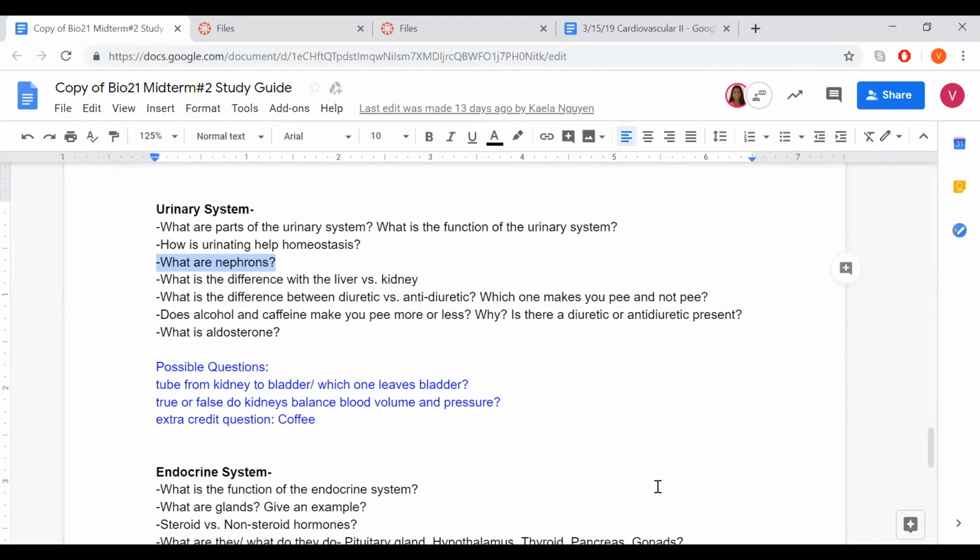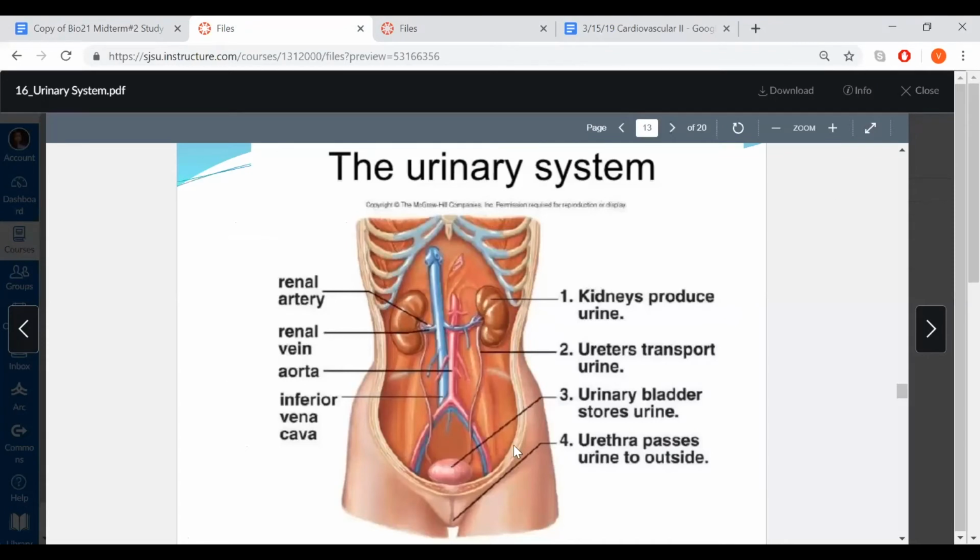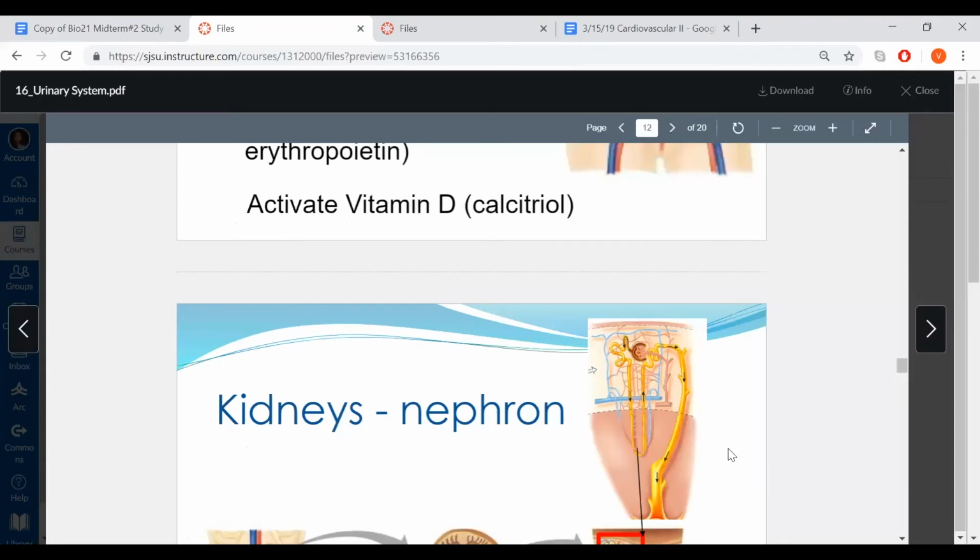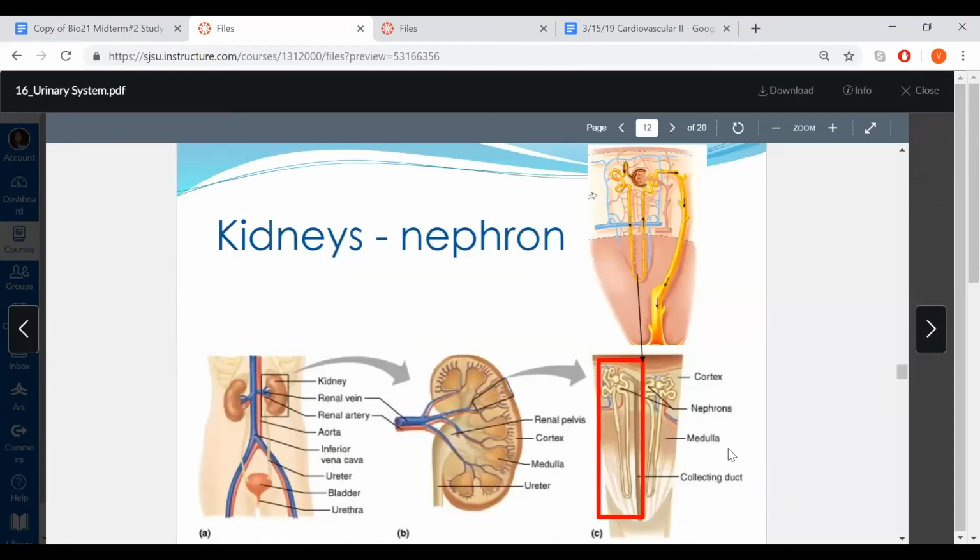Nephrons are inside the small intestine, I believe. Oh, it's inside the kidneys. Sorry, the kidneys, my bad. I was thinking of the other lecture. But yeah, the nephrons are in the kidneys.